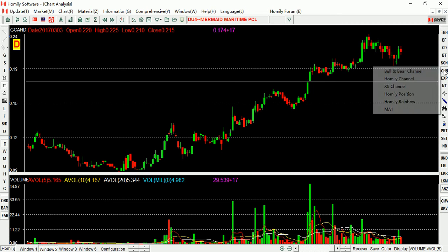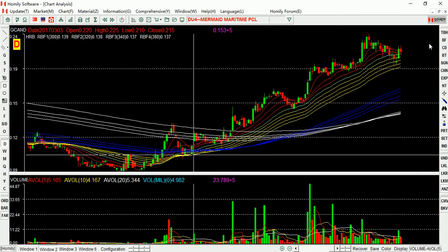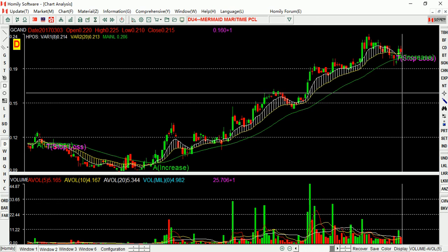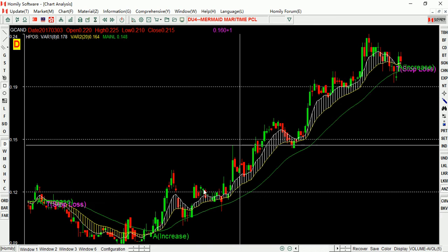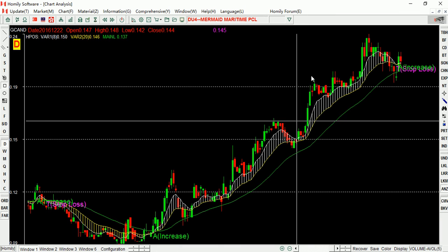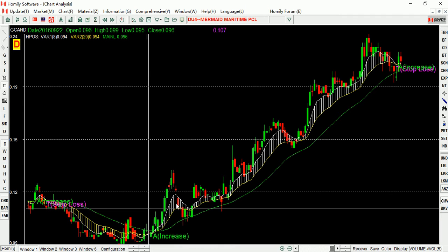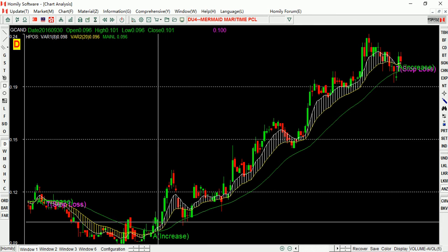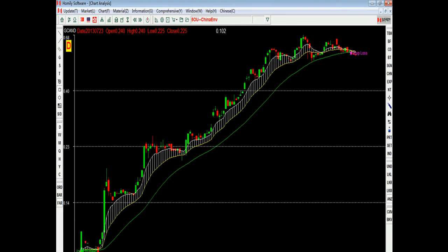Okay, then we click CHN homely position. It can help you to hold strong stocks. So here you sell or not? No, you still keep it. If you buy here, you sell around here, you still can earn money, right? Because this function can help you to hold strong stocks.